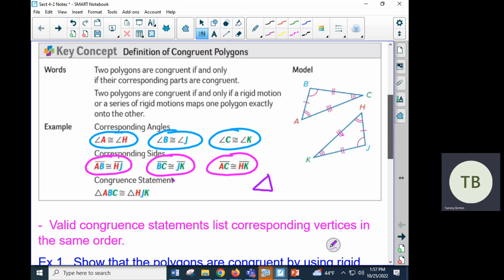And usually what I do when I'm deciding how to write the angles is I start with the angle with one arc, then two, then three. So I would say triangle BAC is congruent to triangle, and then I would go from the angle with one arc to two to three on this one. So we'd say triangle JHK.